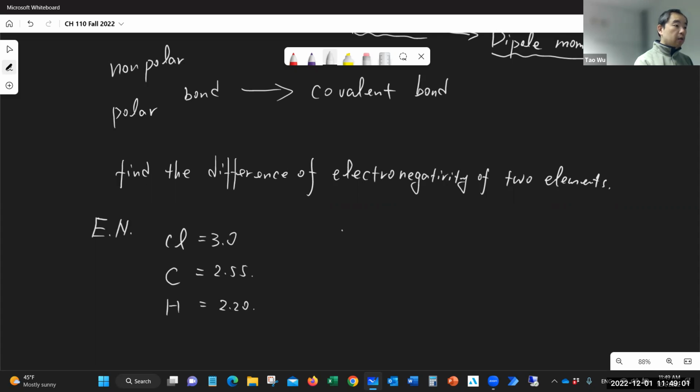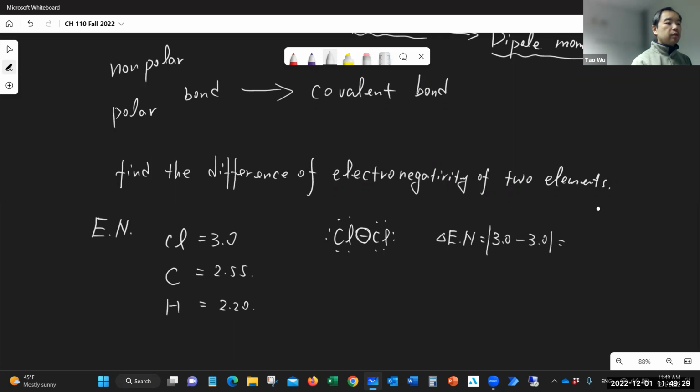Now if we have two chlorine atoms making a molecule, what is the bond in between? What you need to do is figure out the difference of the electronegativity. The chlorine on the left side is 3.0, and the right side is also 3.0.